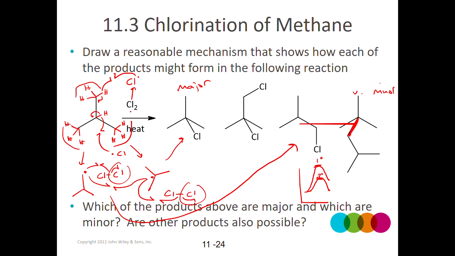So the goal here is to do a synthesis where I can convert this molecule into 100% of maybe one product that I want to make. By replacing a hydrogen with a halogen, now I have a leaving group, so I can do other reactions. I could do an elimination reaction, a substitution reaction, etc. That's the point here. This reaction is not going to work very well because it produces a variety of products.